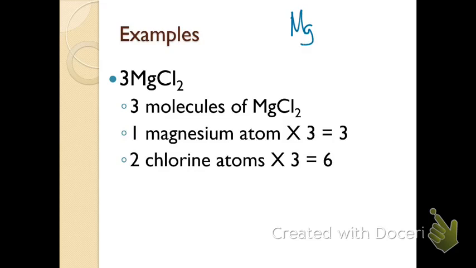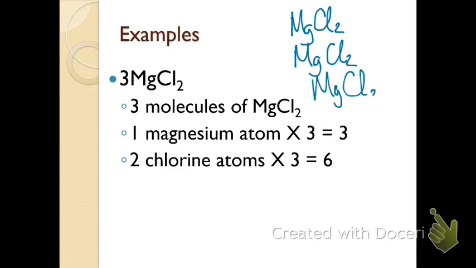Now, for those of us who are a little more visual, basically what we're saying is you have 1, 2, 3 magnesium chlorides. Just like in math, instead of saying x plus x plus x, we write 3x. Instead of saying magnesium chloride plus magnesium chloride plus magnesium chloride, we just say 3 magnesium chlorides. Okay?